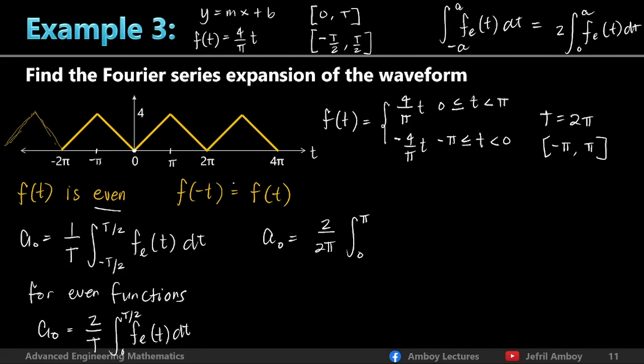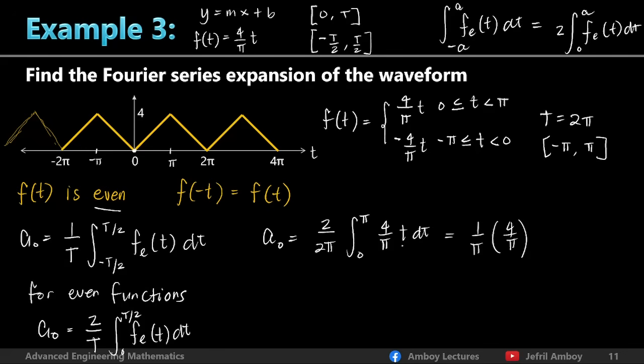What is the equation from 0 to pi? Again, the equation from 0 to pi is 4 over pi t. So we have 4 over pi t, and then I write dt here. Okay? So of course, these two will cancel. May matitira tayong 1 over pi. Tapos itong pi na to, ilalabas ko. So magiging 4 over pi siya. Okay?